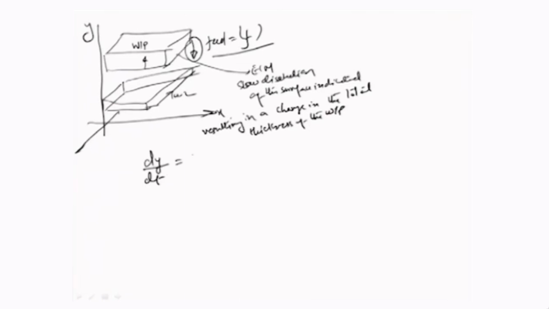And so we found that we can represent this whole kinematics by looking at the rate of change of y. Y is the distance between the workpiece and the tool surface, and y is a function of t, because there is a continuous dissolution and feed of the workpiece towards the tool.